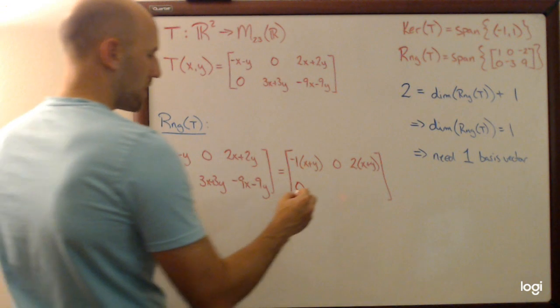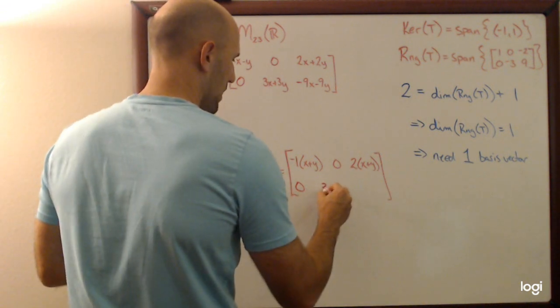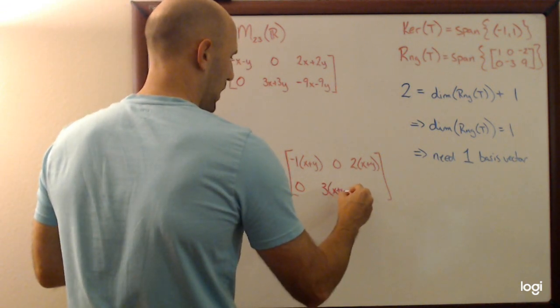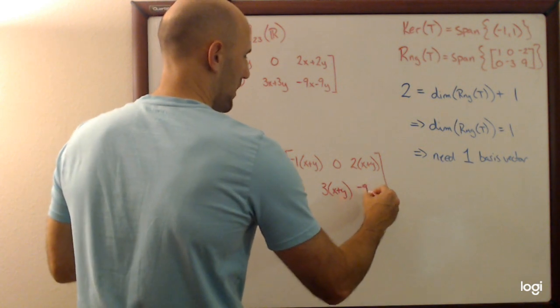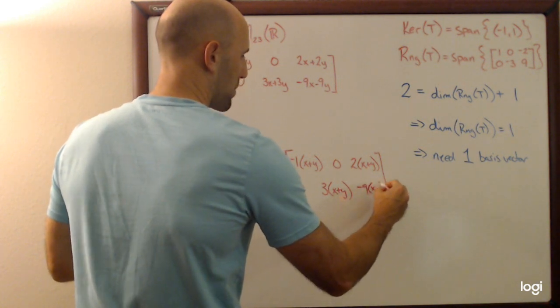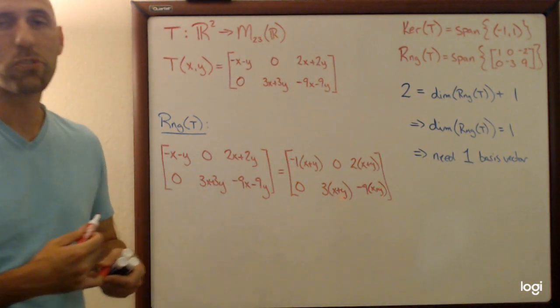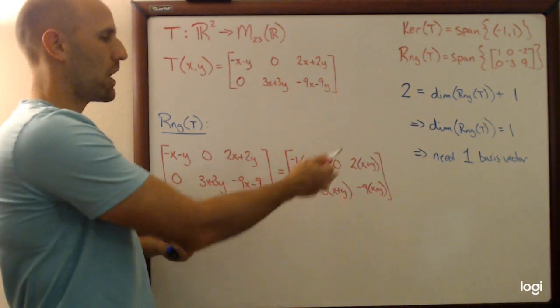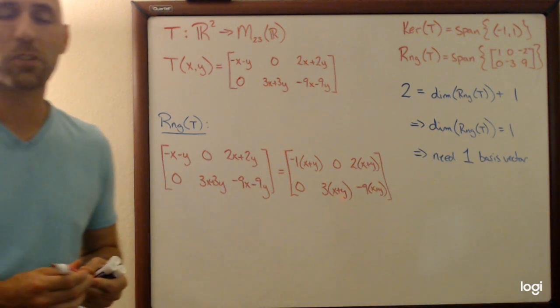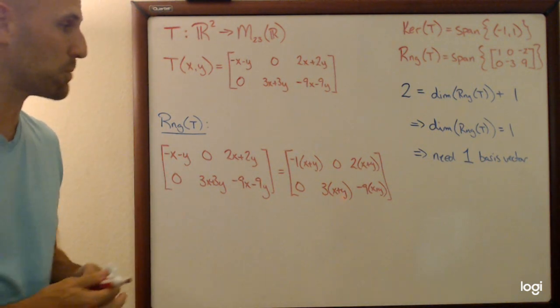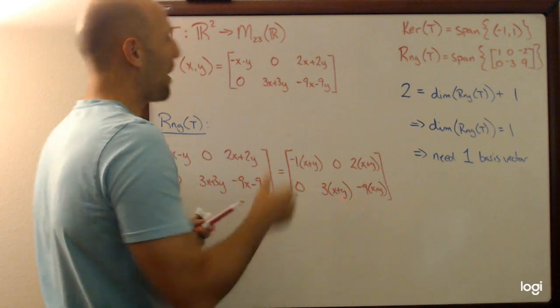Here I've got 3 times (x plus y). And here I've got -9 times (x plus y). And so it kind of looks like almost every one of these components has an x plus y. And I would actually claim they all have an x plus y. Well, how is that?